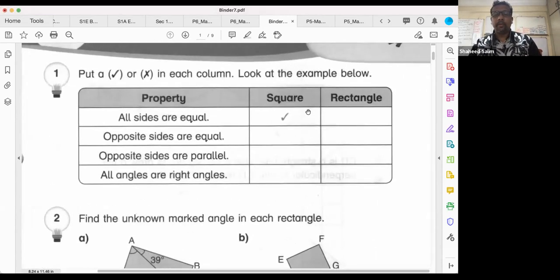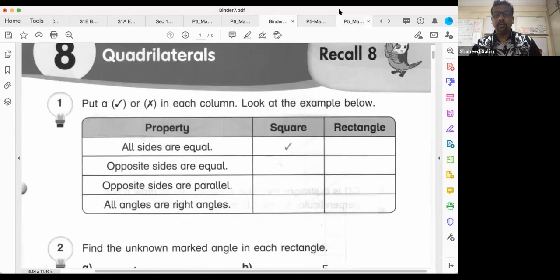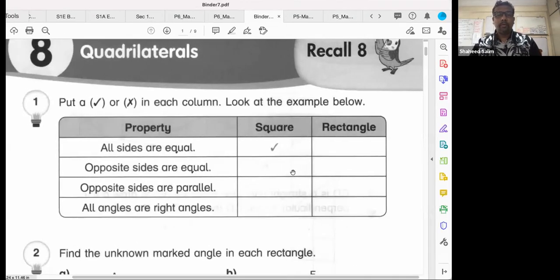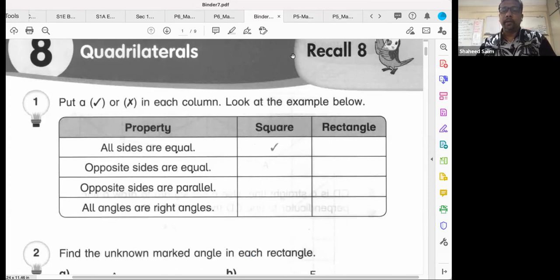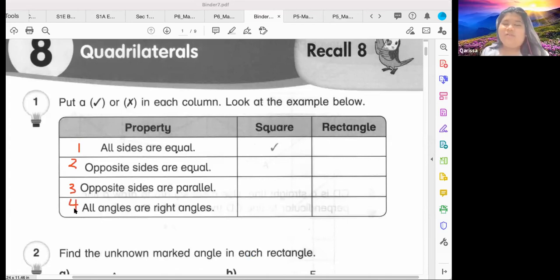You just write square. I just put it over here. This is 1, 2, 3, 4. So how does a quadrilateral look like? Any four-sided figure.